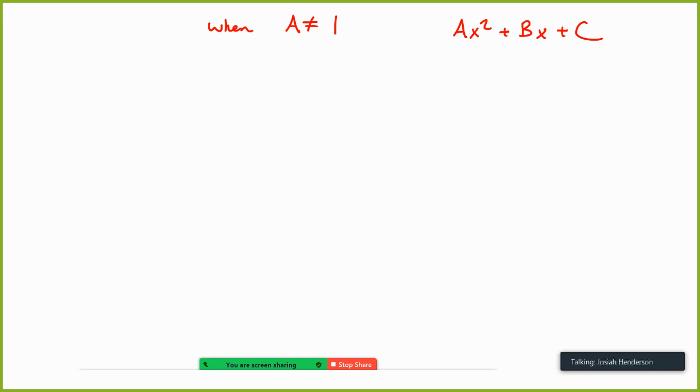So all last week when we were doing our factoring, a was always 1 because our problems always looked like this: x squared plus, for example, 5x plus 20, something like that. A was 1.